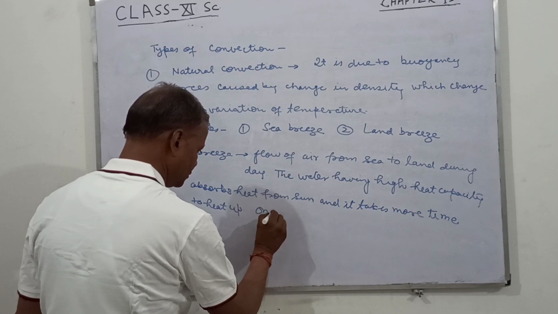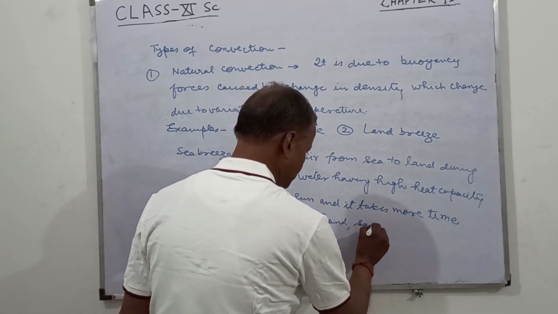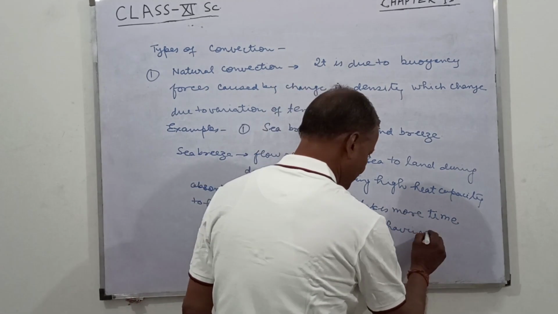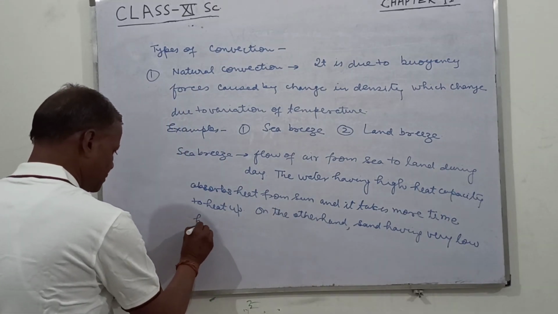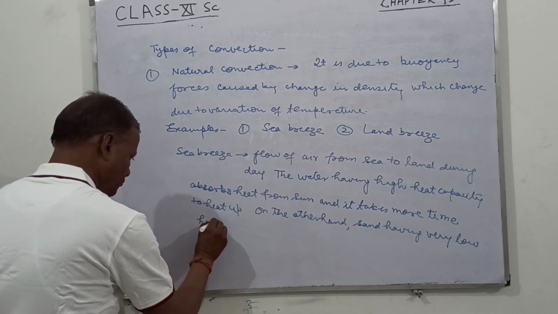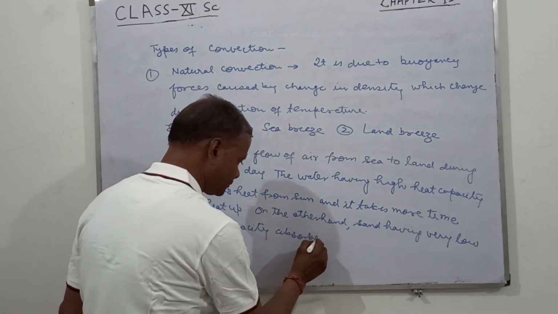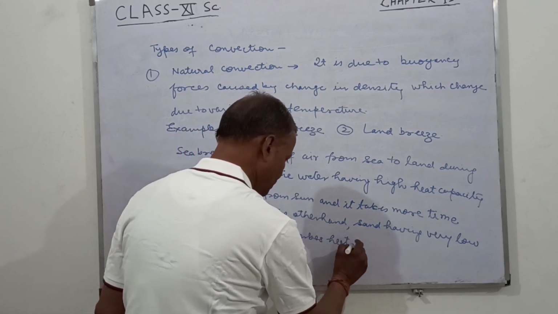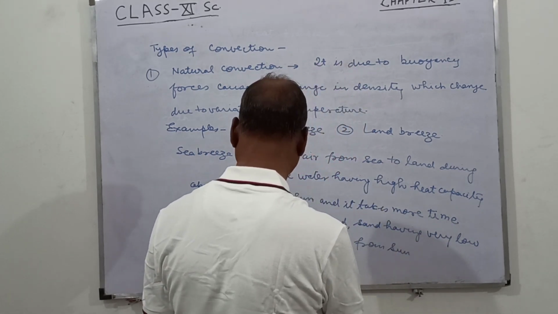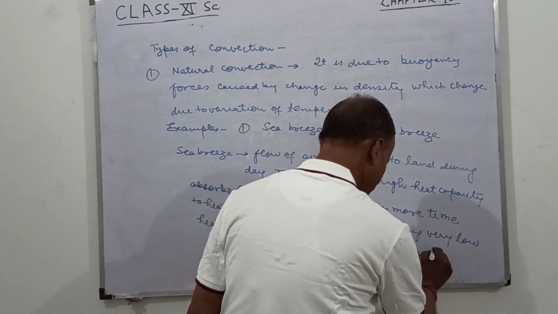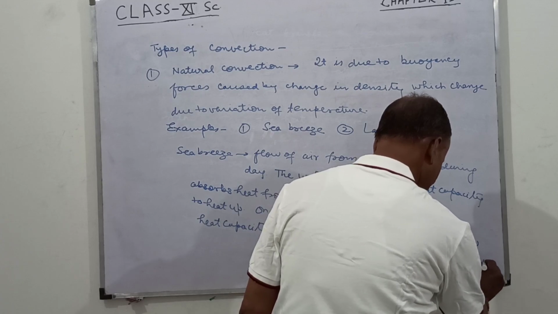On the other hand, sand having very low heat capacity absorbs heat from the sun and heats up quickly.